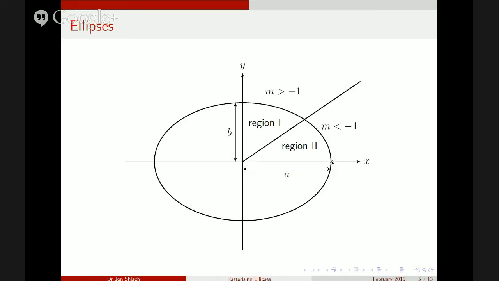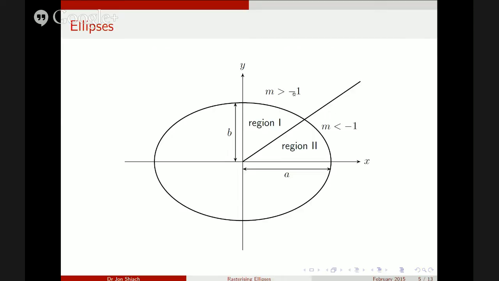so that's infinity. Can anybody tell me the reason why I split those into two? What happens when we try and draw steep straight lines? We have problems, don't we, so we have to switch the driving axis. In region 1 the gradient of this line is fairly shallow.